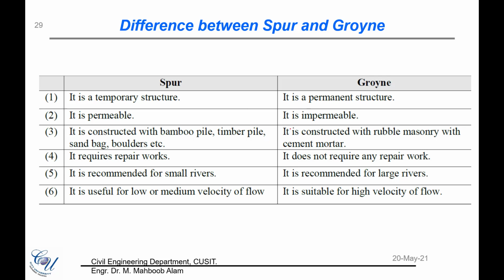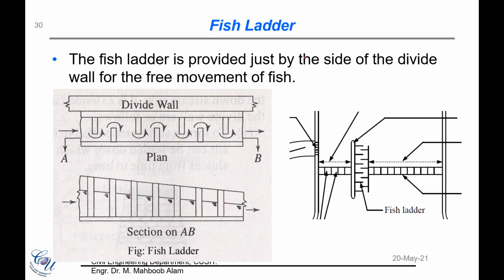As I said earlier, spurs are usually installed in smaller rivers, while groins are considered for a larger river where you have a larger volume of water passing through a particular section, or maybe if the velocity is high. So groins are suitable for higher velocity, while spurs are usually installed in areas where the velocity is either low or medium. These are the main differences here.